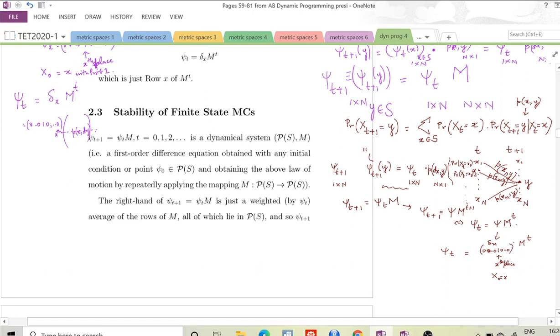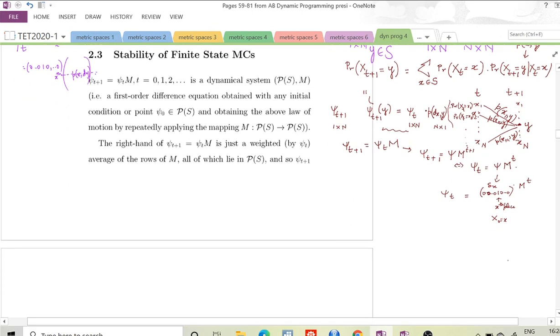So let's introduce one more name here. Corresponding to the transition matrix M, we were using a stochastic kernel P, right?